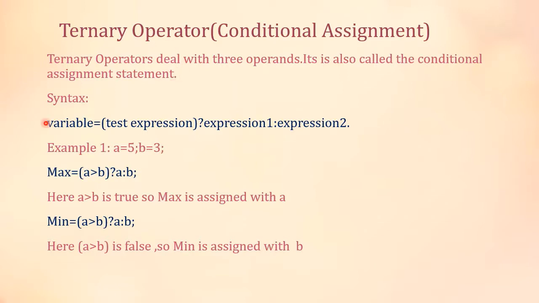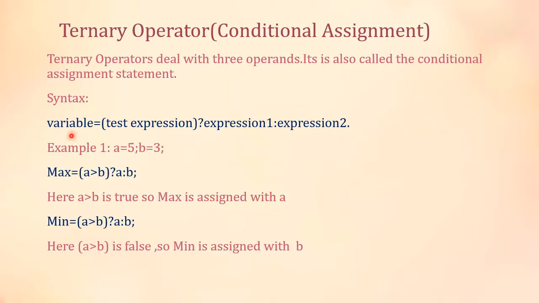How do we use this ternary operator? The syntax for the ternary operator is: first we write the variable name, equal to, then the test expression, followed by the question mark symbol, followed by expression 1, then followed by a colon, and then followed by expression 2.